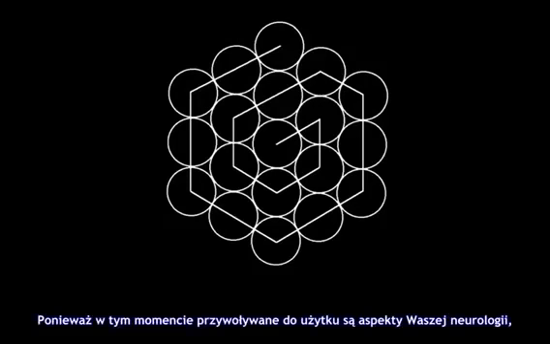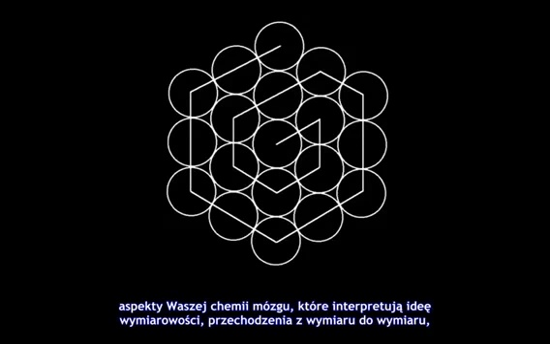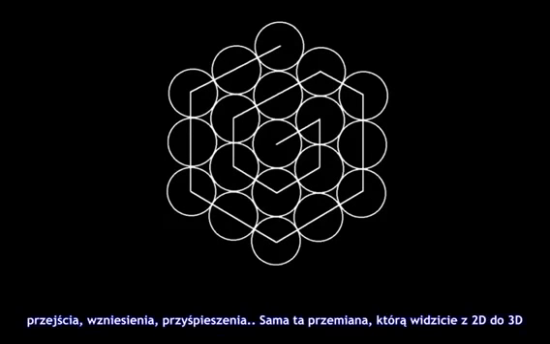Because what it's doing right then is it's calling upon the aspects of your neurology, the aspects of your brain chemistry that interpret the idea of dimensionality, of going from one dimension to another, of a shift, of an upliftment, of an acceleration, of an ascension.